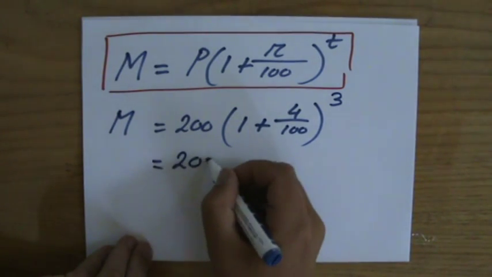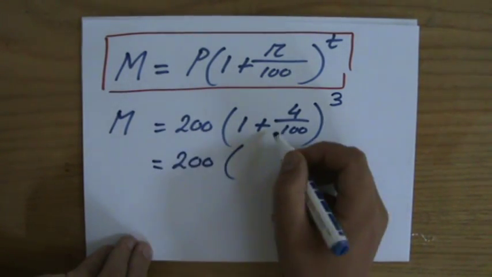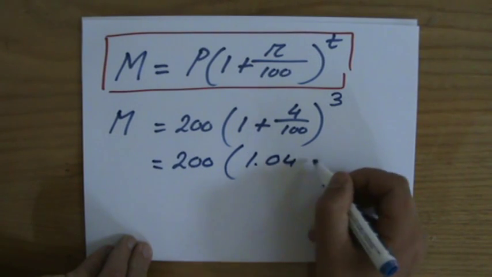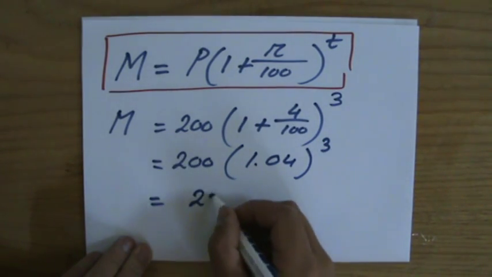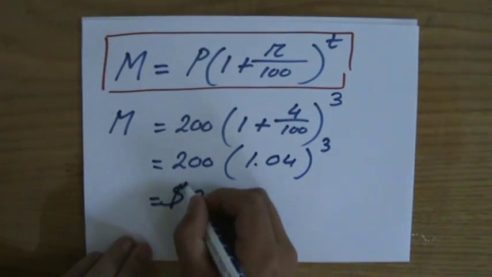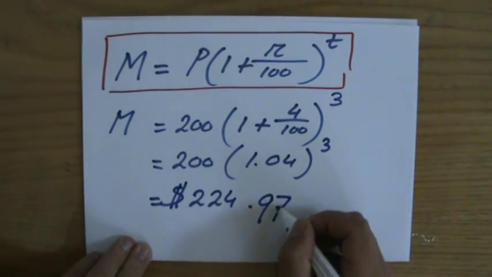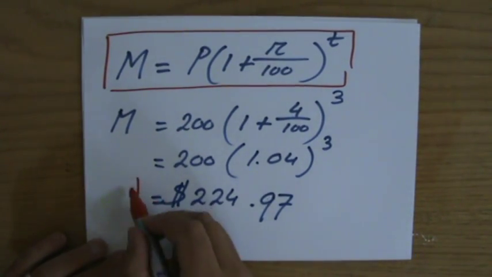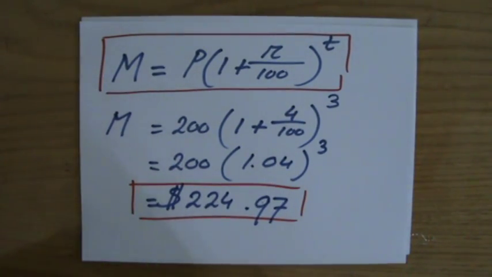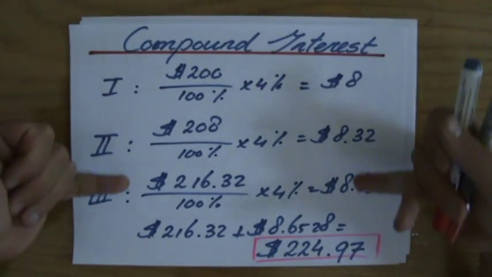So our starting capital times 1.04 to the power 3. Okay, and that will give us our answer of 224 dollars and 97 cents. So you can calculate that using these slightly longer calculations.